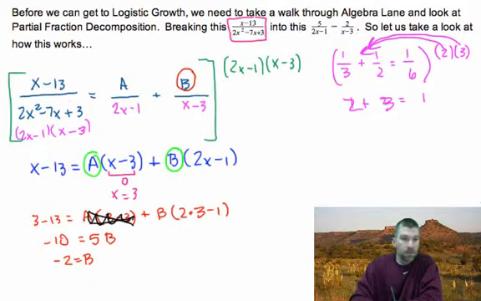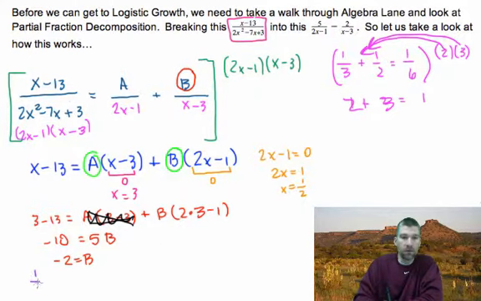The other thing I'm going to do is let this other term be 0 right here. I want this to equal 0. And so to do that, 2x is going to equal 1, or x is going to equal 1/2. So I put 1/2 in for all of my x's.